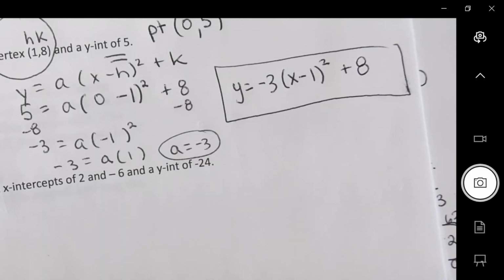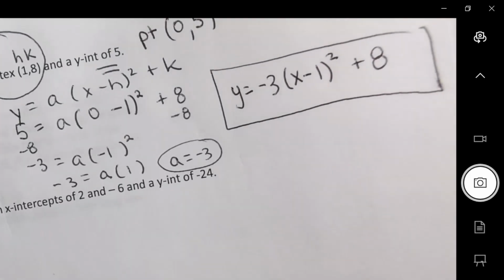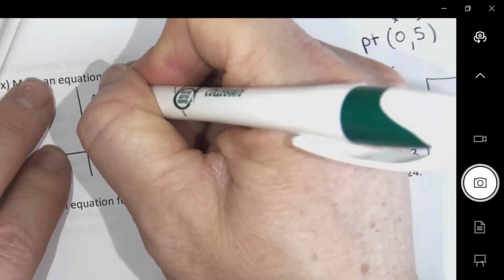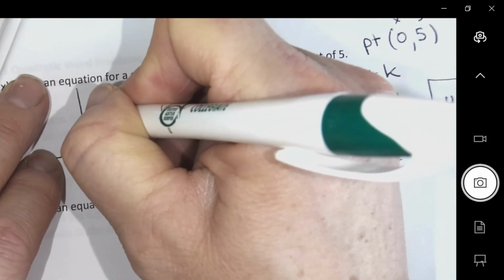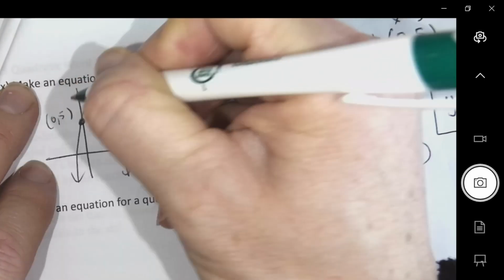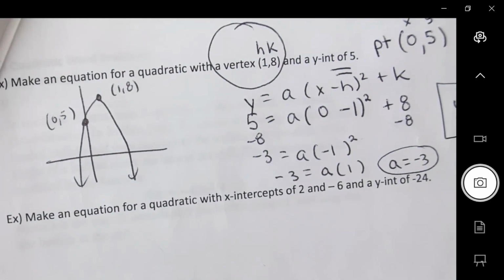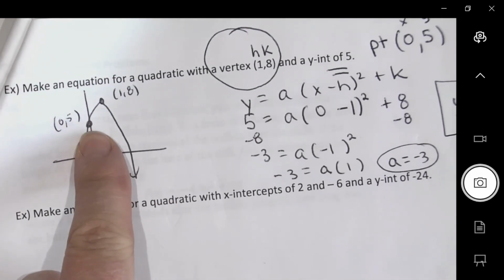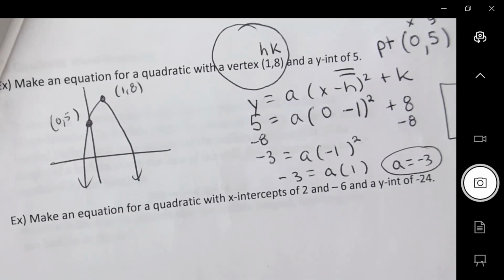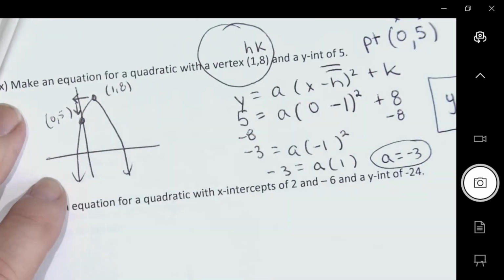Okay, I'm going to show you visually what happened here. So that's the equation. I'm just going to show you a visual here. Okay, that is a quick shot of what this would look like. So there's my 1, 8 vertex, and then there's my y-intercept. Obviously I need to go down, so my slope is going to be negative. How much did I physically move?